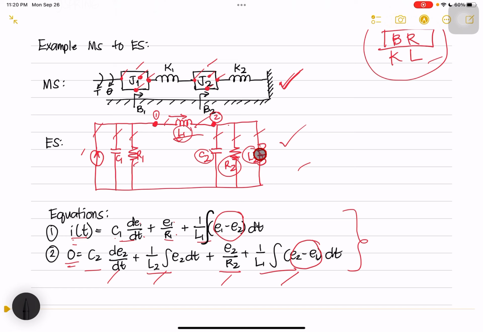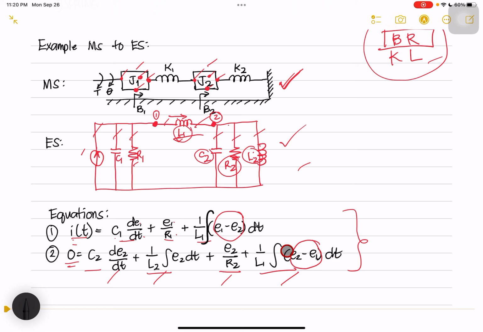How about the L2 term? It's the integral of E2 dt, divided by L2. Then this resistor, E2 over R2. Plus, don't be confused about which element it is; it should be indicated here. You can't just write R1 or plain R, because you'll get confused about which element is meant. Plus 1 over L1, this one. This is the only remaining element not yet written. This time, instead of E1 minus E2, it will be E2 minus E1 dt.